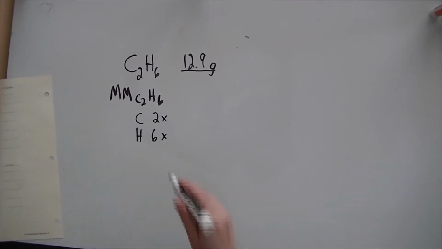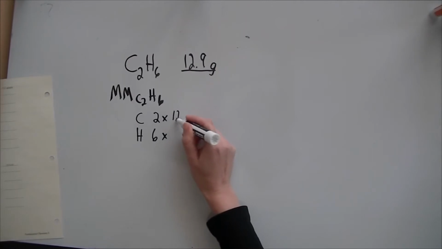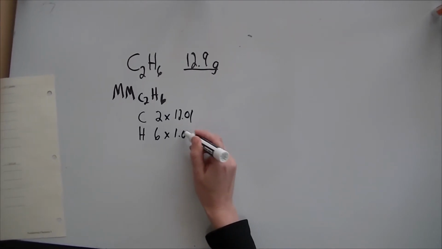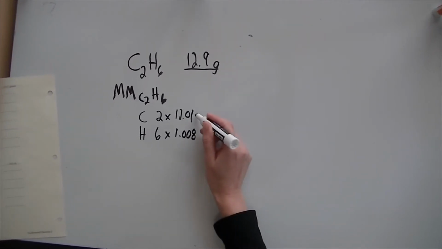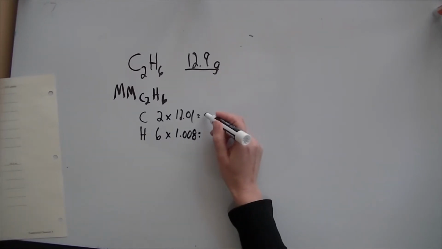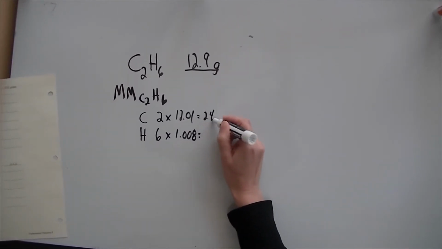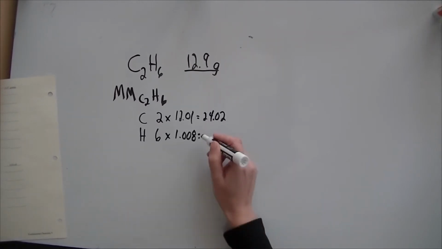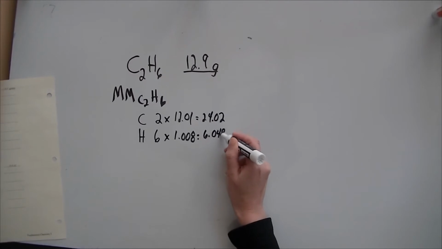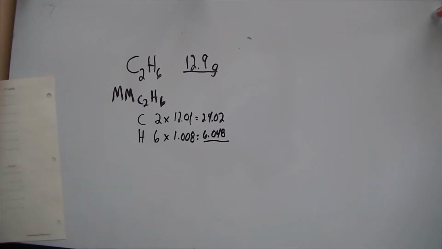So for carbon, when I look that up on the periodic table, it is 12.01. For hydrogen, it is 1.008. Get my calculator out here. So multiplying that across, I get 24.02 from carbon, and I get 6.048 for hydrogen.